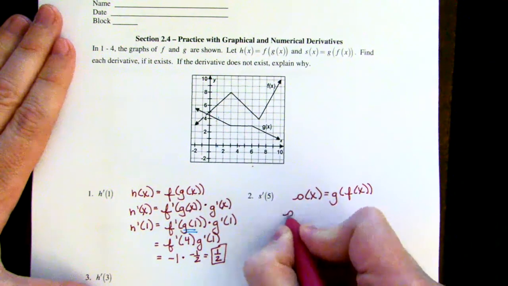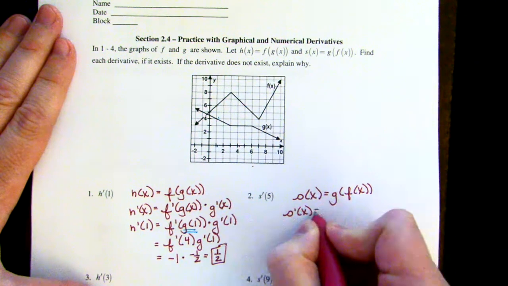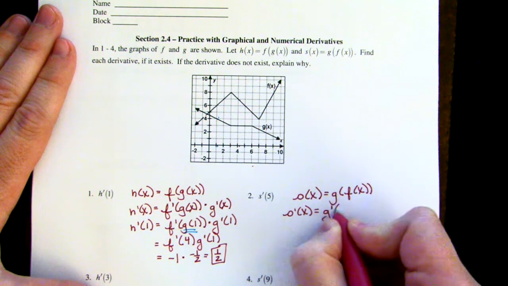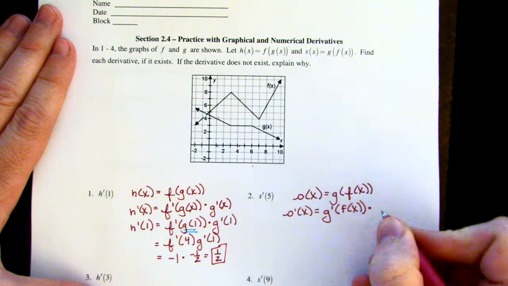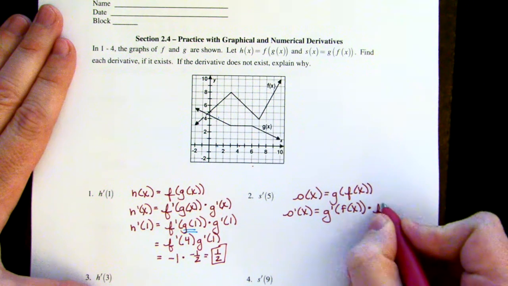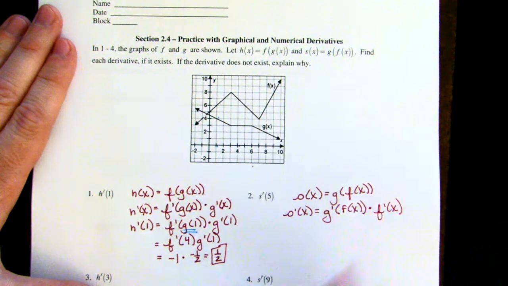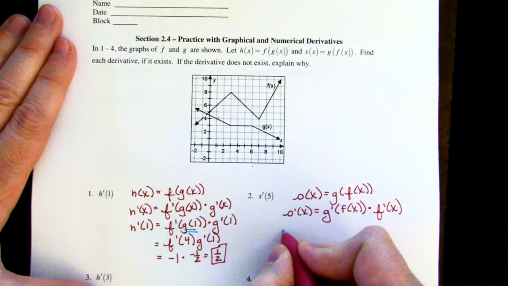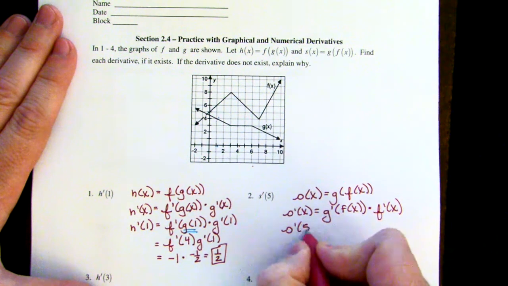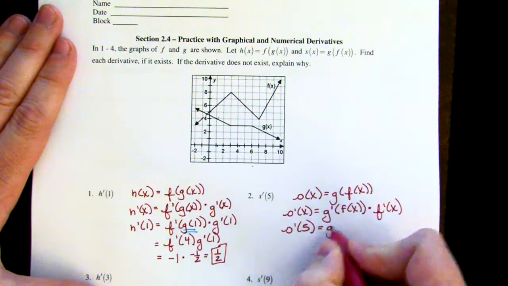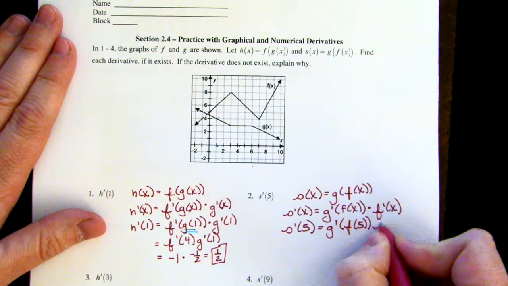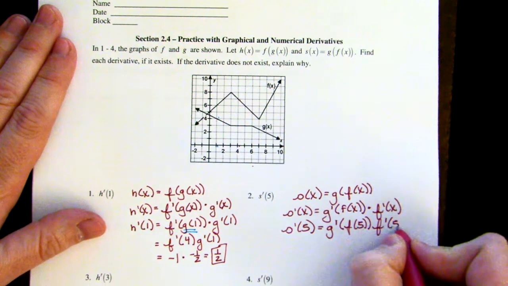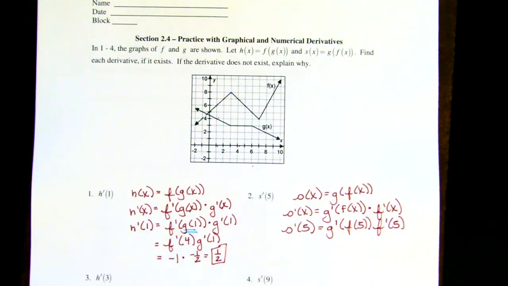So we're going to get s prime of x equals derivative of the outside is g prime, leave everything inside there, times the derivative of the thing inside, so times f prime of x. We need to plug in 5, and I've got s prime of 5 equals g prime of f of 5 times f prime of 5.